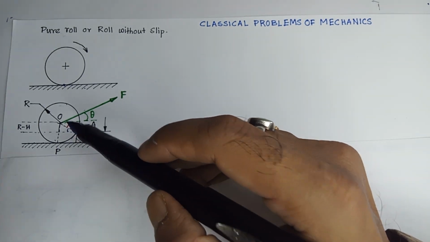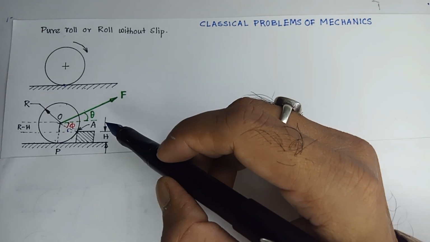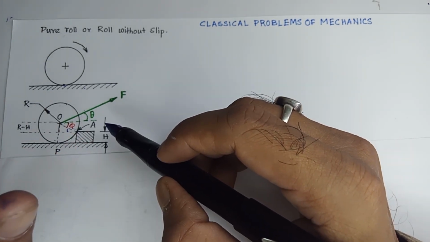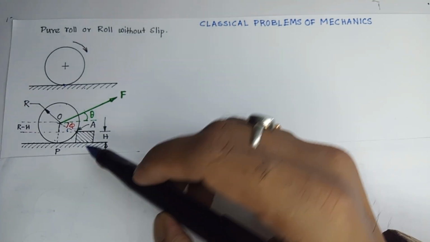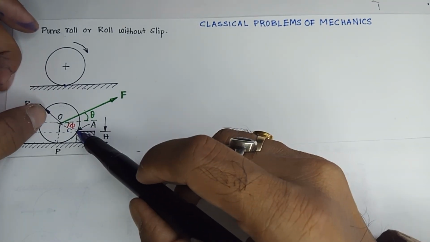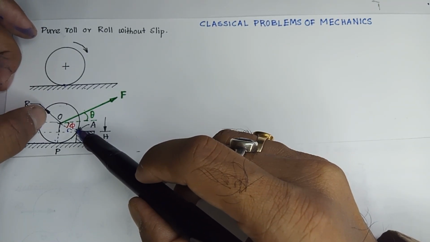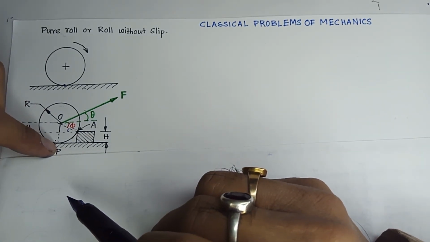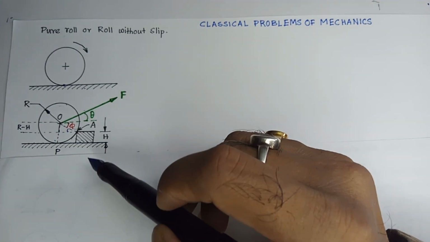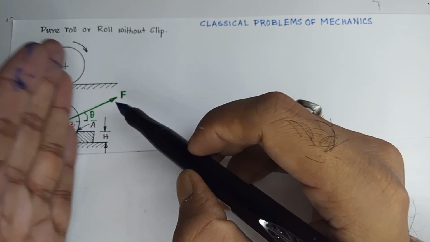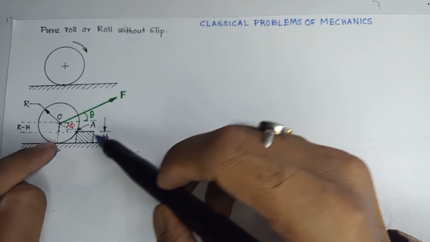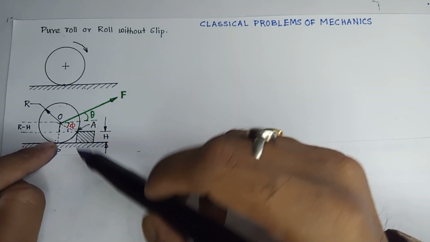That is the key concept here in this problem and in all problems. Only one point can have zero velocity, and if it rolls further, this forward point will have the zero velocity, and the previous point will lose contact in all situations.